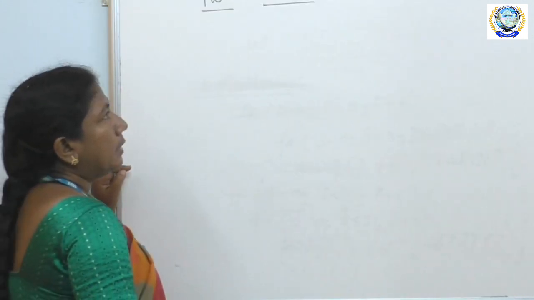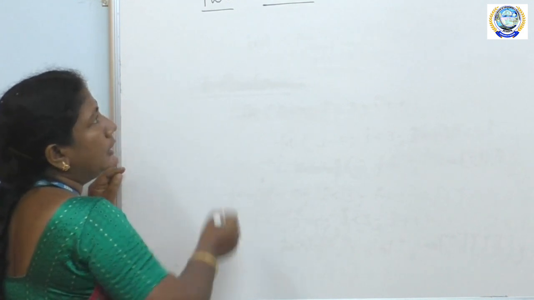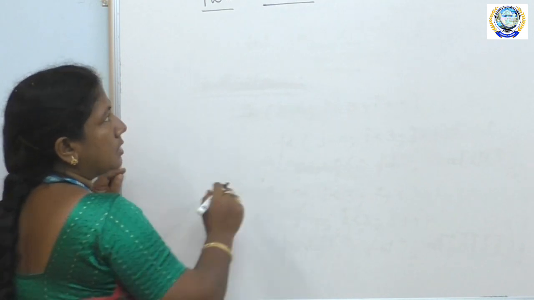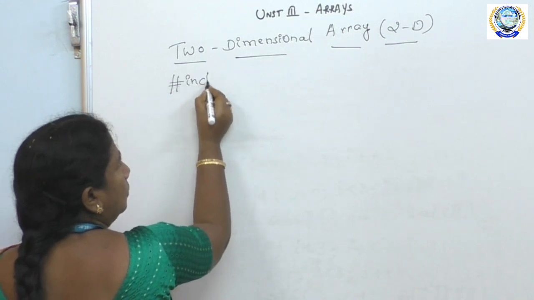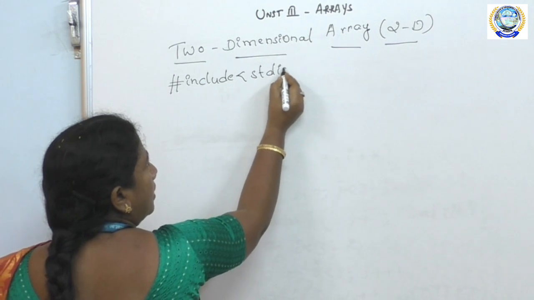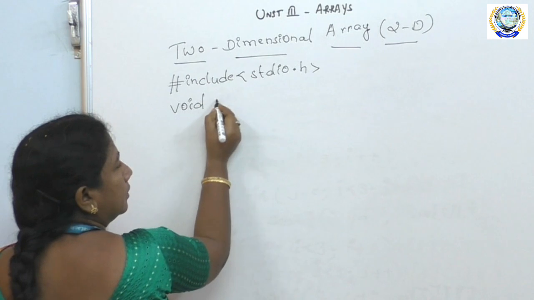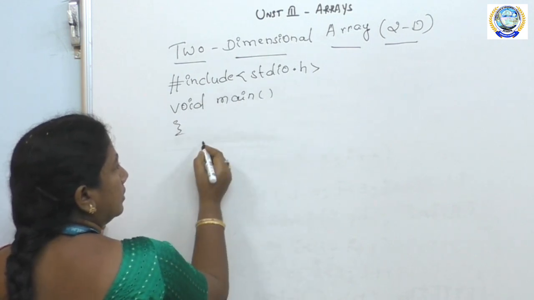Now, I am writing a program to read values into the two-dimensional array and print those values. Okay, so for that, #include <stdio.h>, next void main, next int a[3][3].